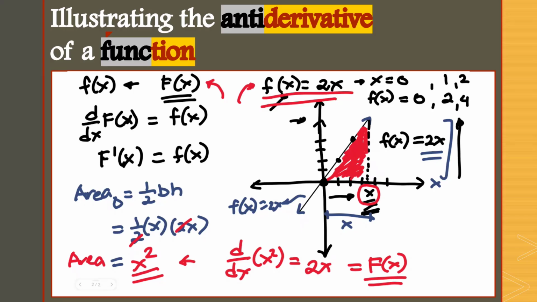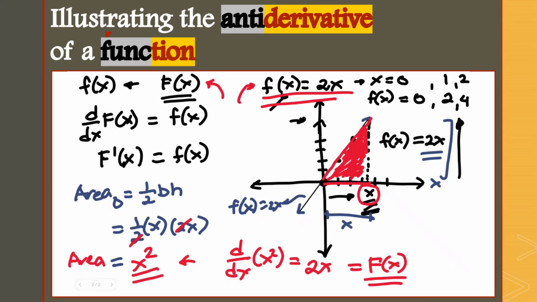This is why we can relate the antiderivative of a certain function to the area under the curve, or the area that is created by the graph of a certain function and the x-axis. So we can see here that the antiderivative of a function is related to the concept of area.